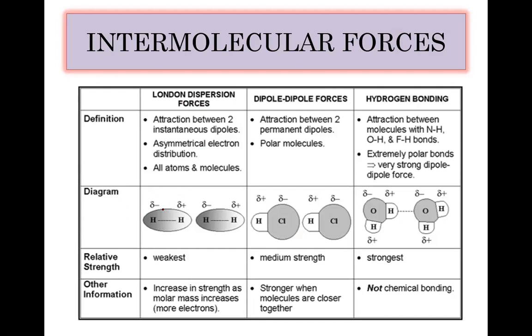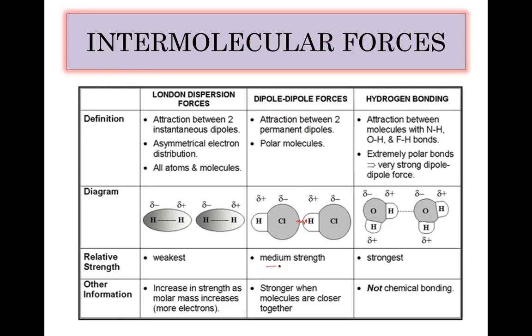So here is an example of London dispersion forces between hydrogen gas. The strength is the weakest, and it increases as molar mass increases. And then we look at dipole-dipole forces, the attraction between two permanent dipoles, which occurs in polar molecules, for example HCl. The interaction between hydrogen and the chlorine atom is a dipole-dipole interaction.